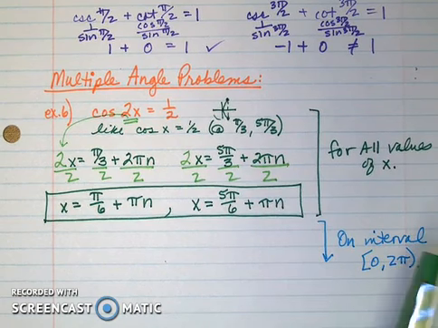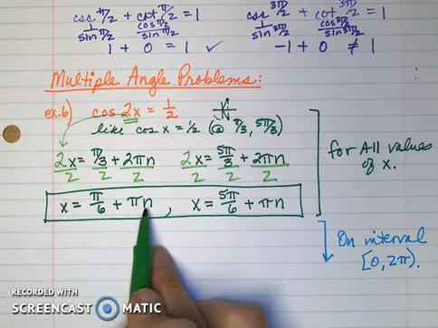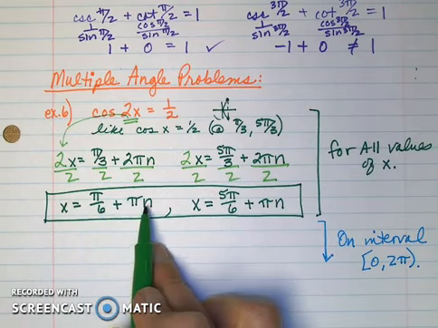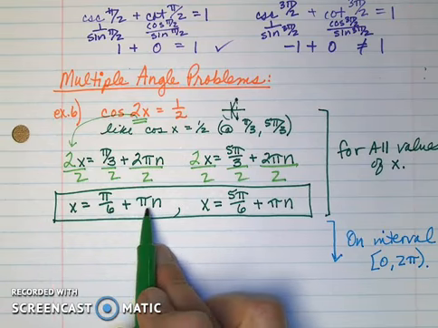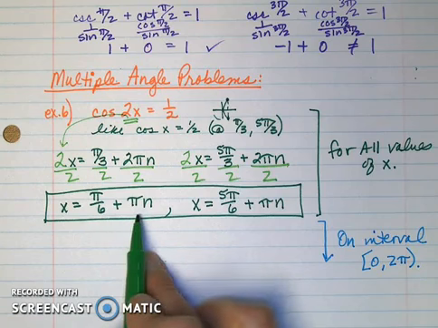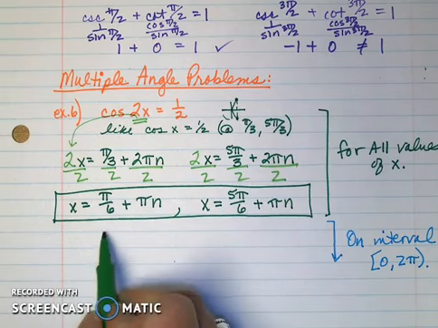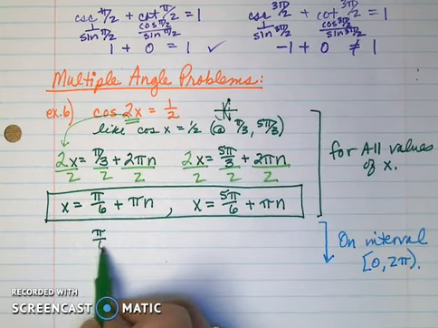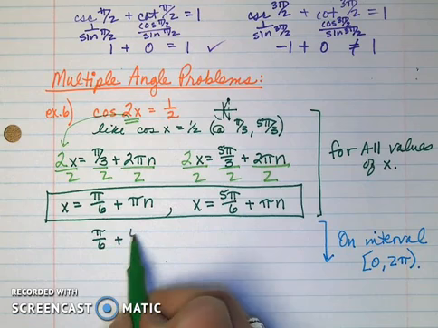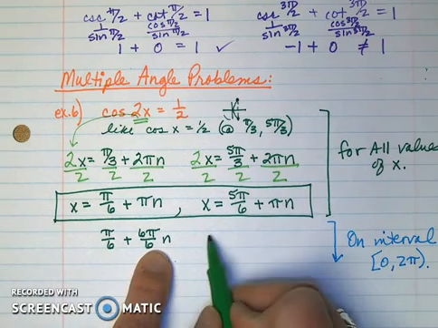Here we go. If I let n be 0, I know that I'm at pi over 6. If I let n be 1, then I'm at pi plus pi over, I'm going to need a common denominator. So before I start getting the multiples here, I am going to rewrite this as pi over 6 plus 6 pi over 6 n. So I'm getting my common denominator. We'll just make life easier.